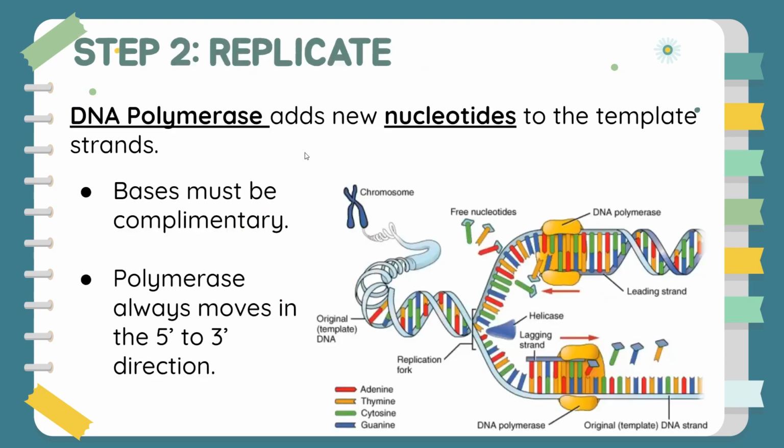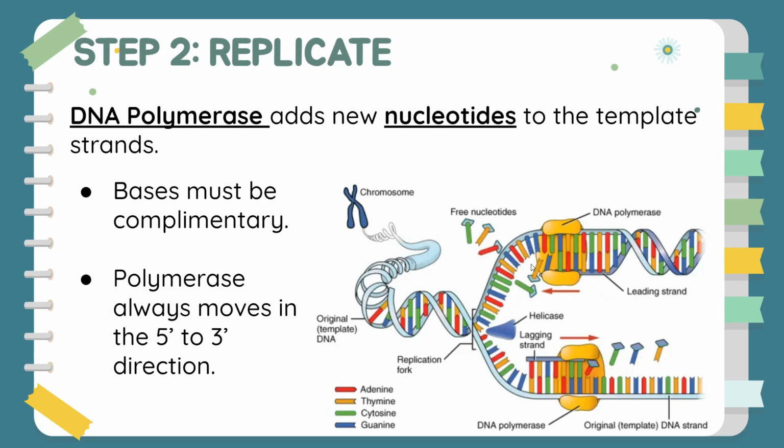Step 2 is actual replication. A different enzyme known as DNA polymerase adds complementary nucleotides to the 3' end of the existing DNA strand. DNA polymerase can only synthesize DNA in the 5' to 3' direction.